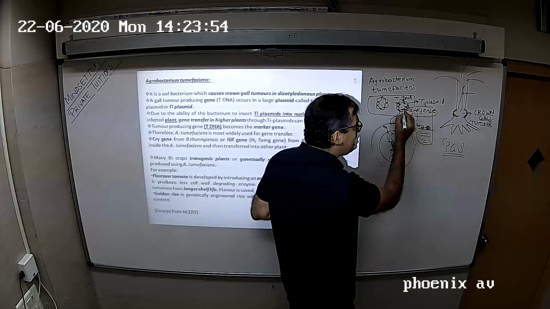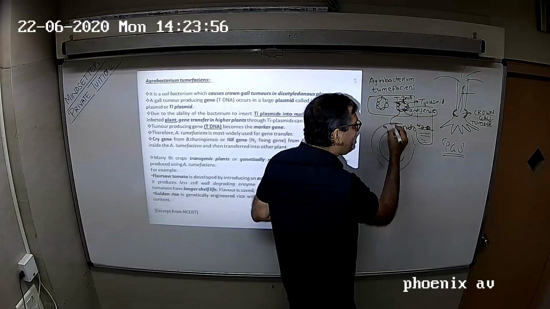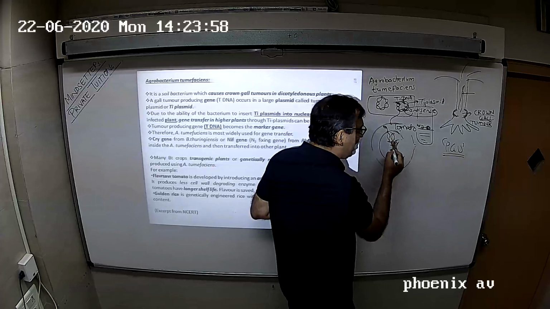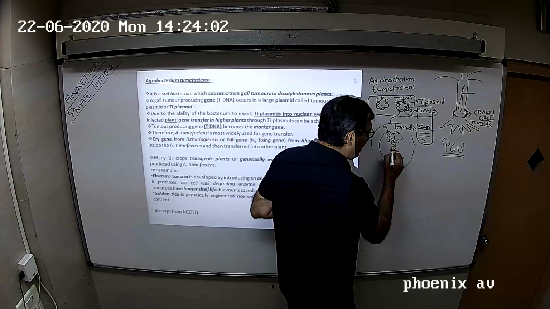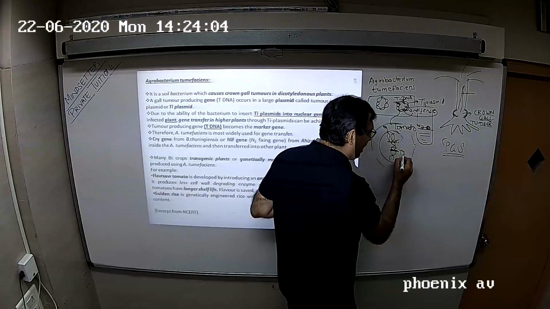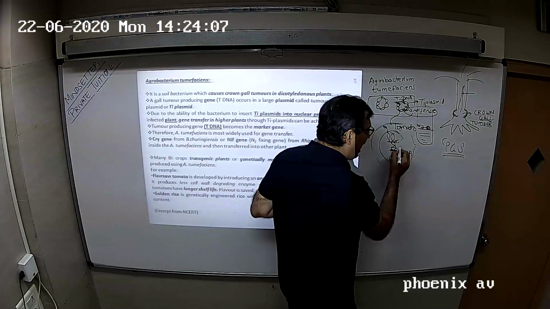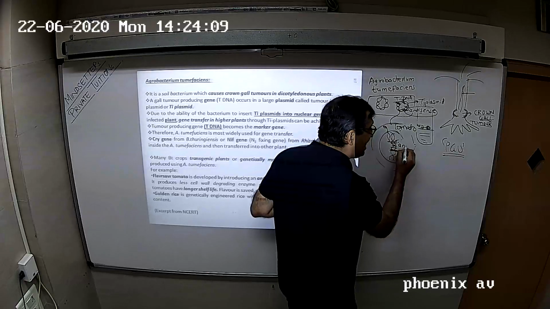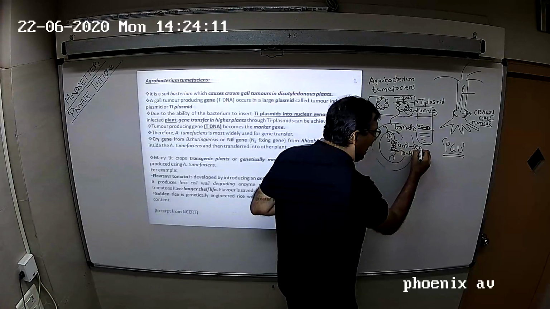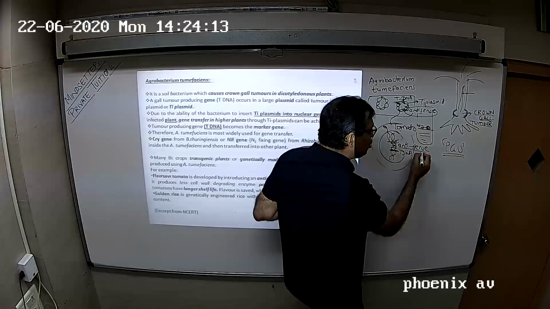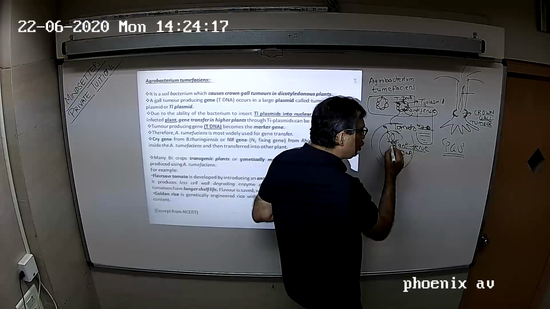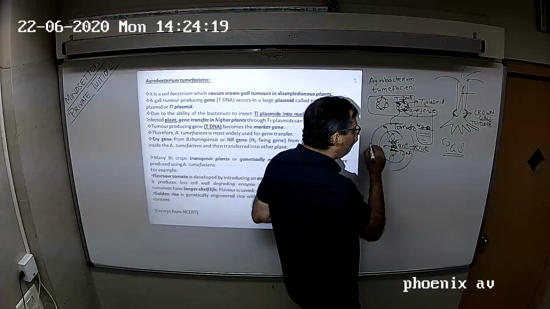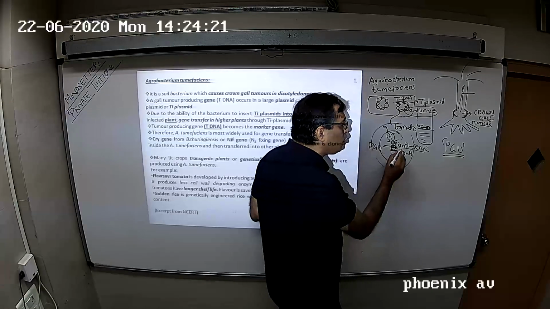An antisense gene with tDNA, and that is now put by the bacteria into the tomato plant. So tomato plant के अंदर अभी क्या आ गया? tDNA, which is the marker, and उसमें आ गया antisense gene, and antisense gene will produce an enzyme which opposes the gene for polygalacturonase.